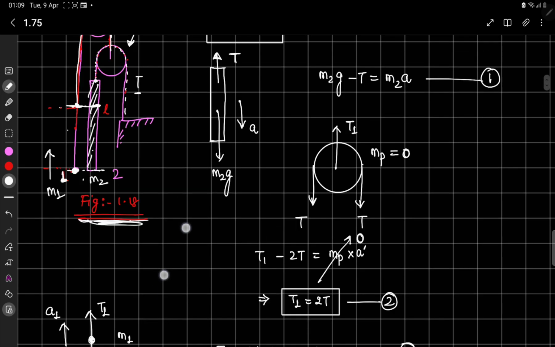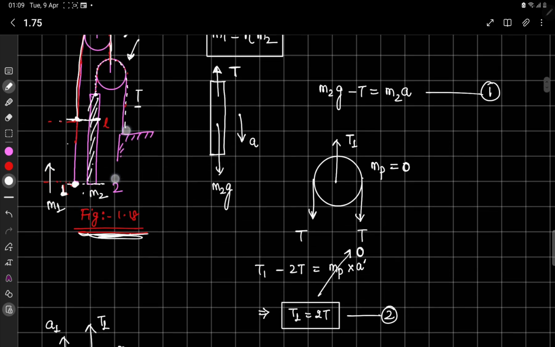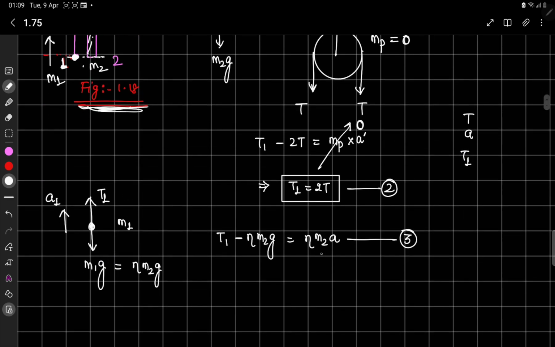If we carefully look at the first, second and third equations, in the first equation we have the variables T and A. In the second expression we have the variable T1, and in the third equation we have the variable A1.